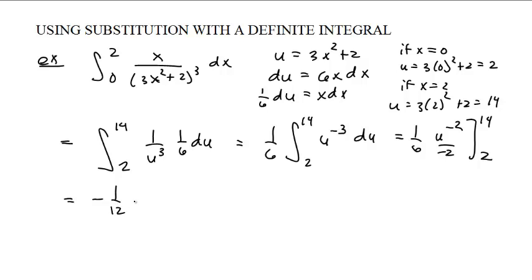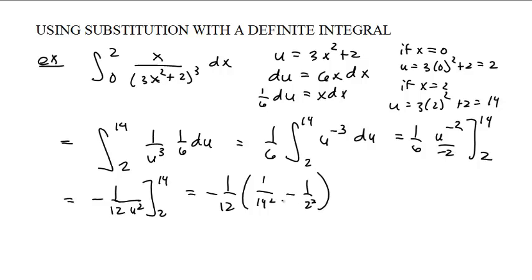Negative 1/12 of u squared from 2 to 14. We can pull the negative 1/12 out and say this is 1 over 14 squared minus 1 over 2 squared.